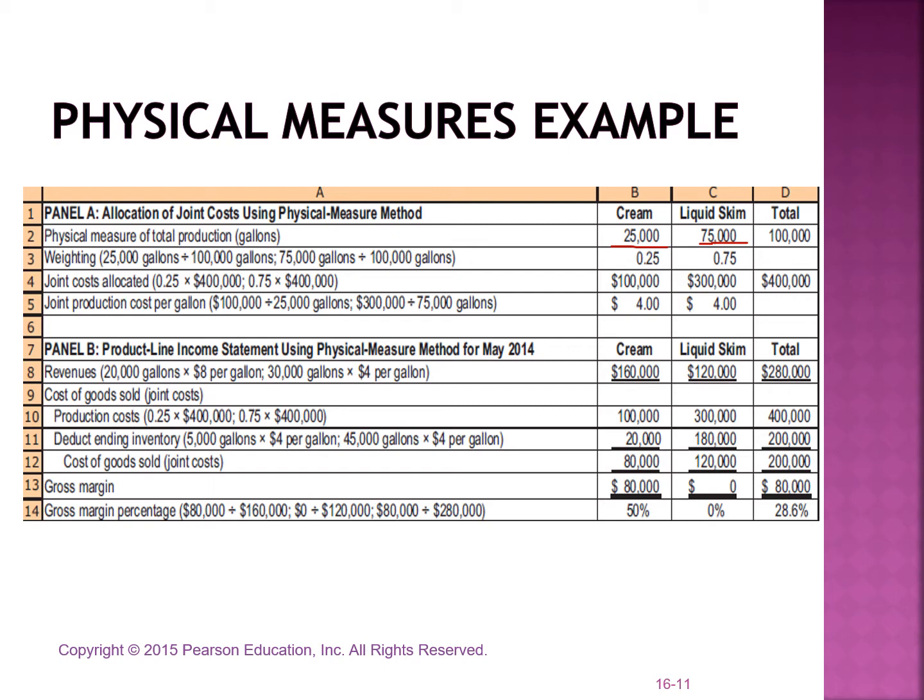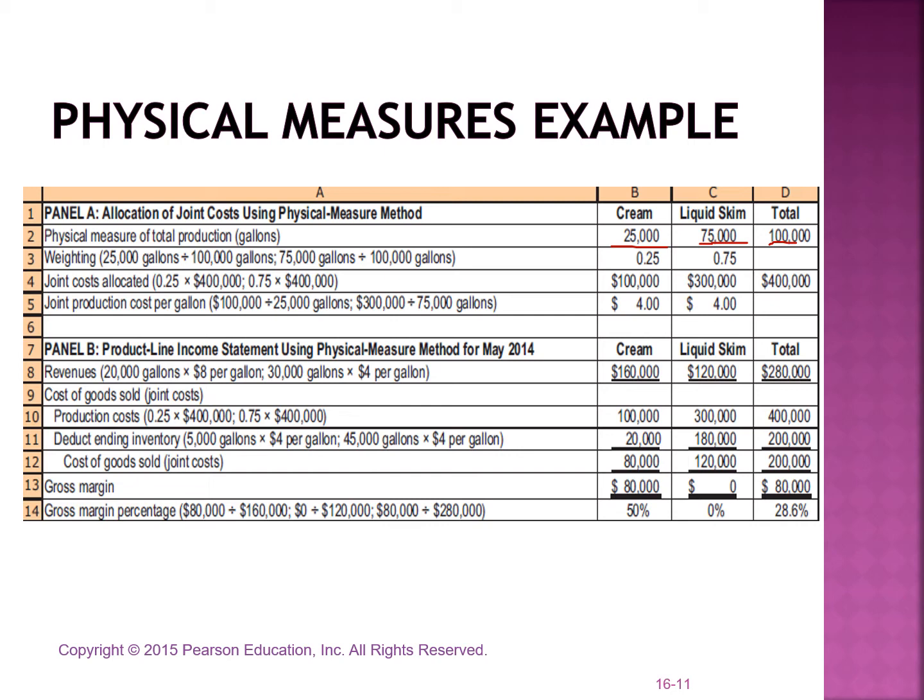The total is 100, so the cream represents 25% and the liquid skim represents 75%, and we allocate the joint cost by multiplying the percentage by the 400,000.